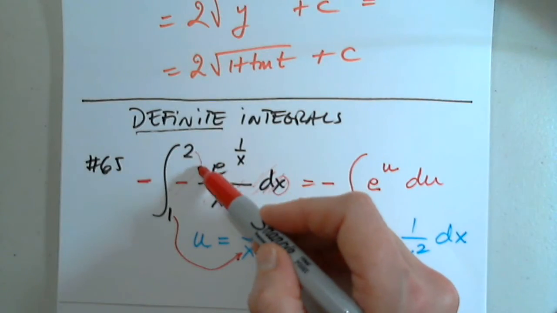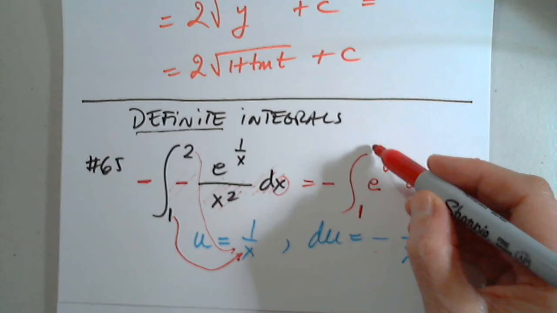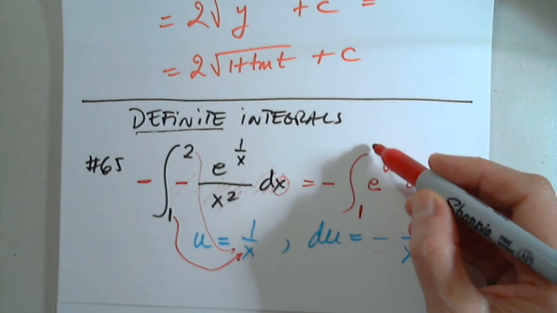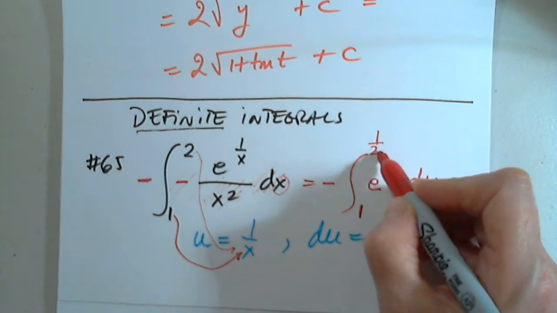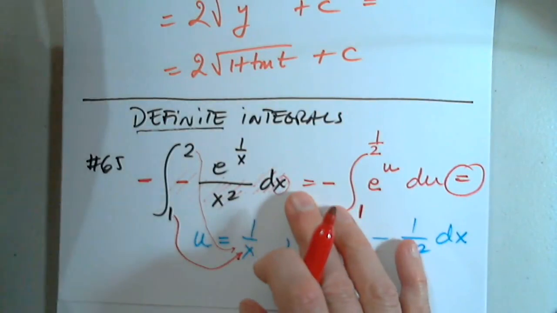Good. So now what if x is 2? What is the upper limit? 1/2. Exactly. Excellent. So now I'm going to put a circle around it and move on to the next page.